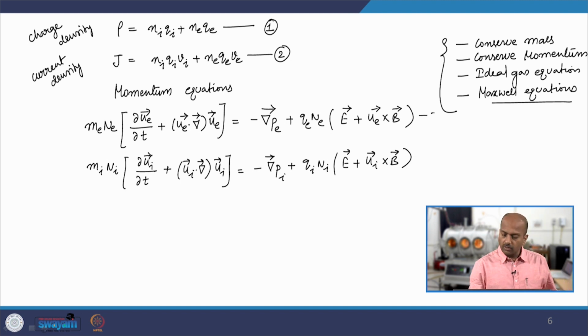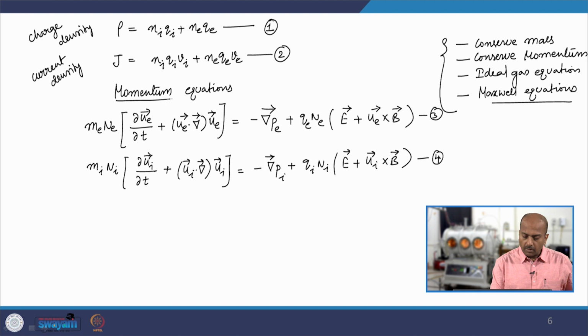Let us call this equation number 3, this as equation number 4. Now, these are the momentum equations, right, for electron and ion. Then we have to write the Maxwell equations.